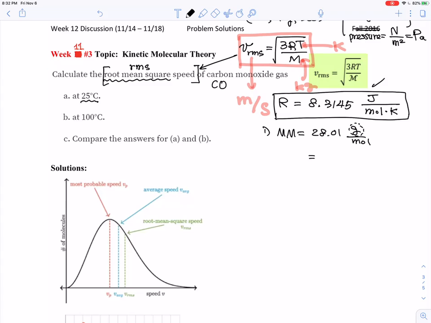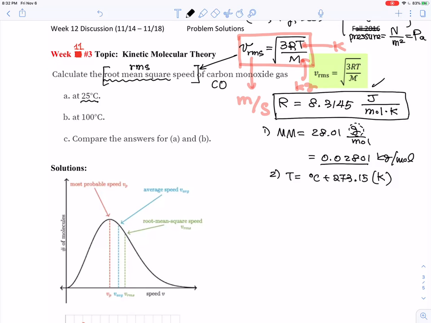I need to change it into kilogram, which is 0.02801 kilogram per mole. Then I can plug this number into the root mean square speed. And the temperature, obviously, is degrees C plus 273.15, and it will be in Kelvin.